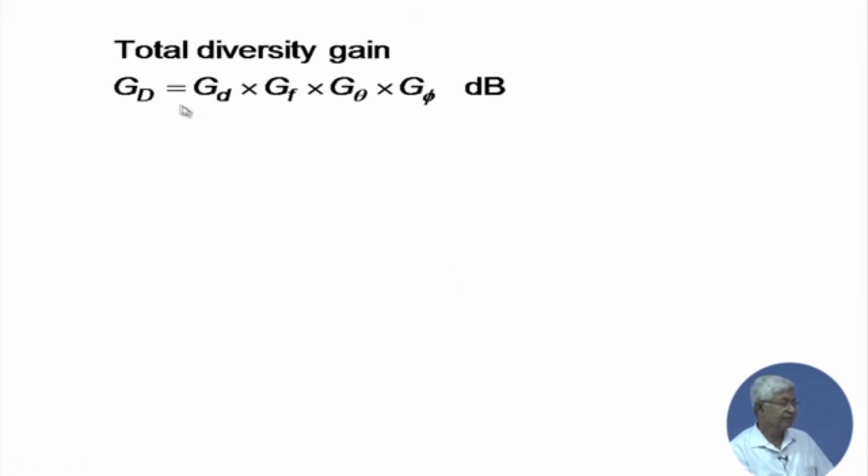Now the total diversity gain, capital GD, is a multiplication of all these diversity gains, that is in terms of distance GD, frequency GF, elevation angle theta, and baseline azimuth angle G phi.